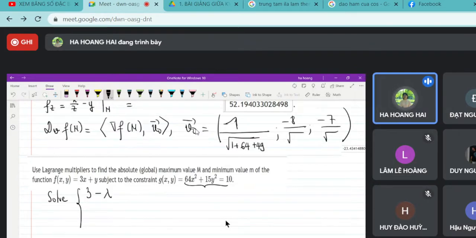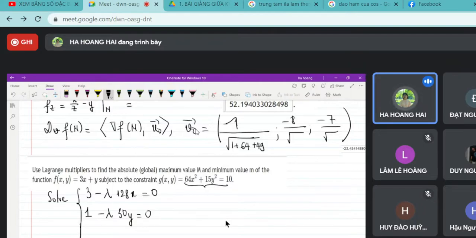We take the partial derivative of g, gx, and this is equal to 0. And fy is 1, minus lambda multiplied with gy, equal to 0.